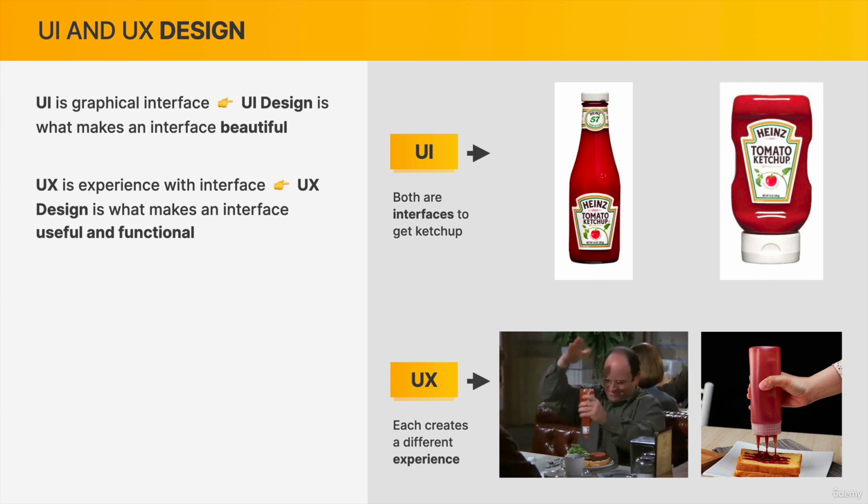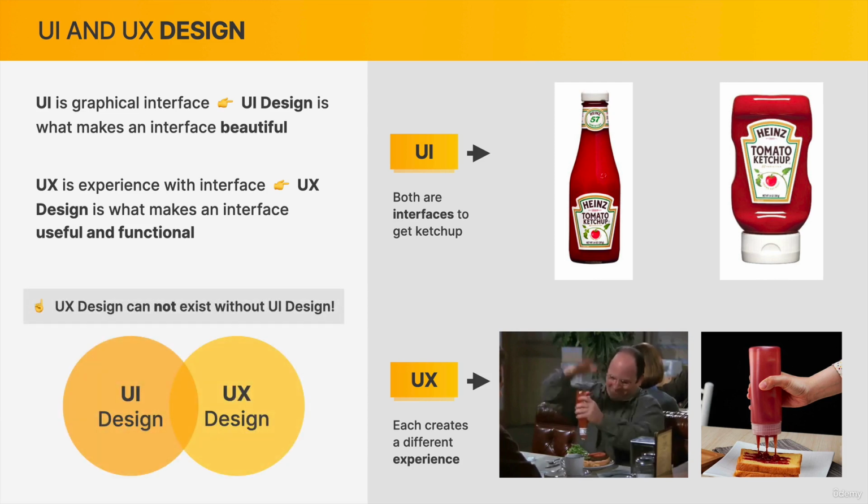But anyway, comparing UI design and UX design like this, so by comparing these two bottles and saying that one is UI and the other one is UX, doesn't make a lot of sense anyway, because UI design is actually already a big part of UX design. Or in other words, UX design can really not exist without UI design, because a well-designed user interface is already contributing a lot to a good experience for the user.